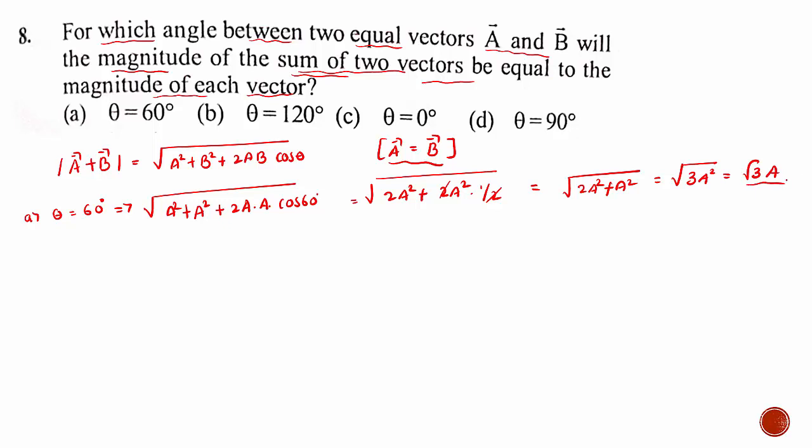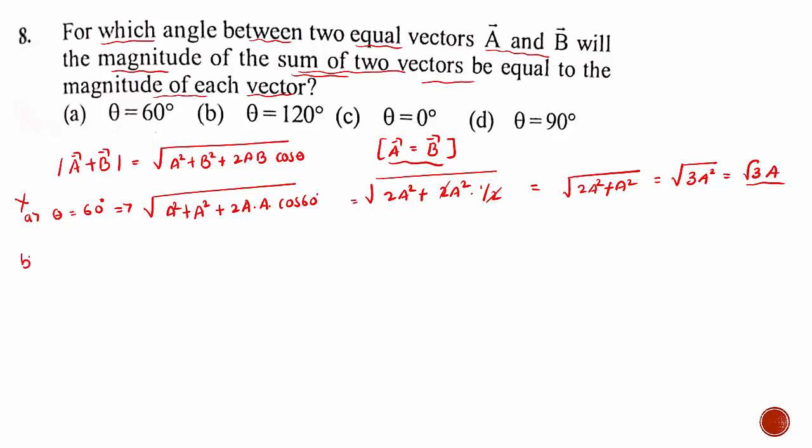Is it equal to the magnitude of each vector? No. The sum of two vectors should be equal to the magnitude of each vector. So this is not the right angle.